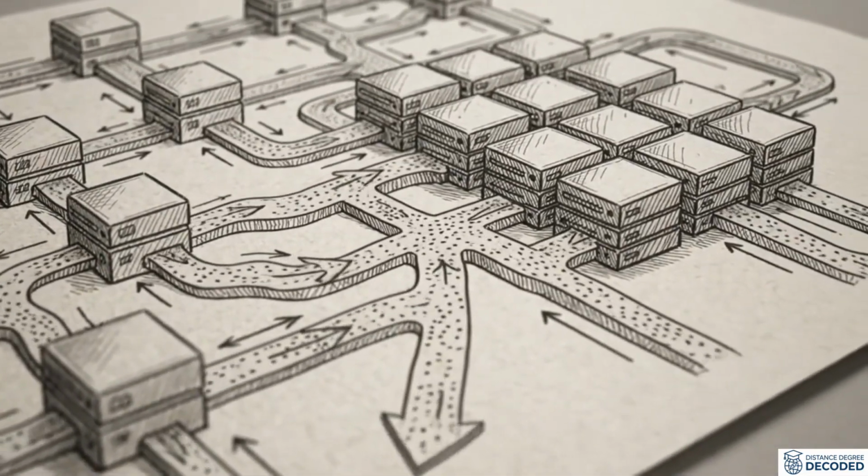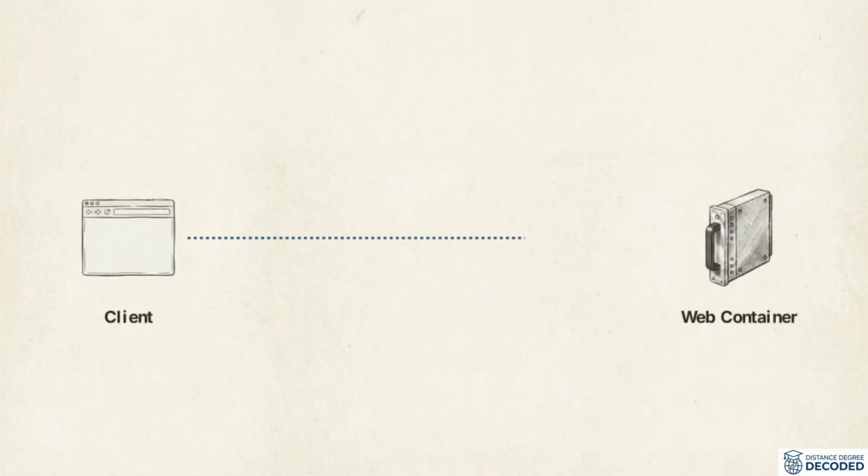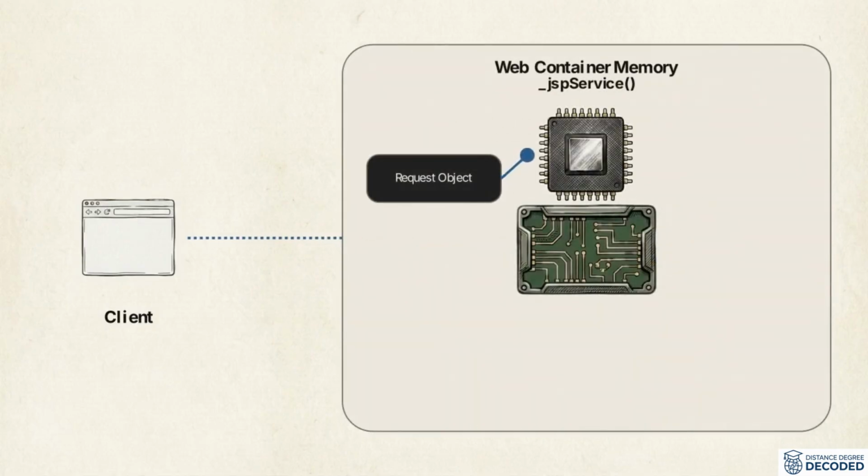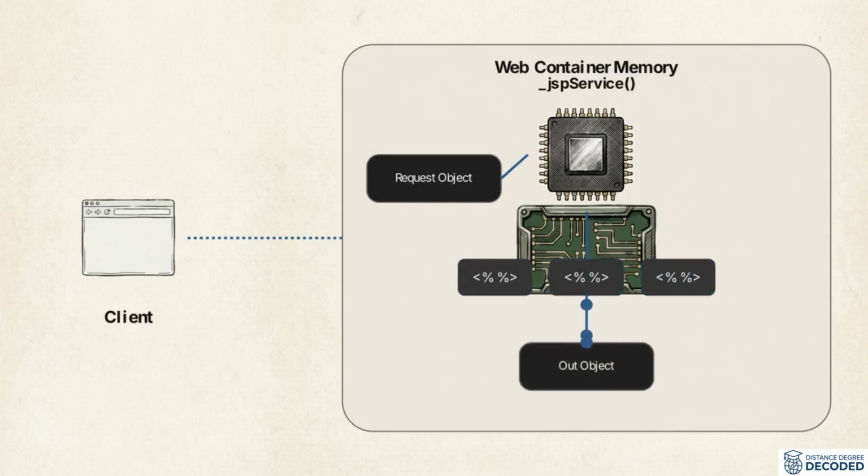We observe how these principles interact by tracing a user interaction. A user clicks a link, sending an HTTP request across the network. The request hits the web container, routing the packet to the compiled JSP servlet waiting in memory. Inside the service method, the servlet accesses the implicit request object to read the incoming data and triggers the necessary scripting and action elements to process the required business logic. Once processing completes, the servlet uses the implicit out object to write a customized HTML document.